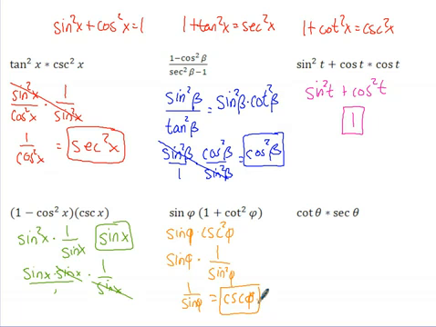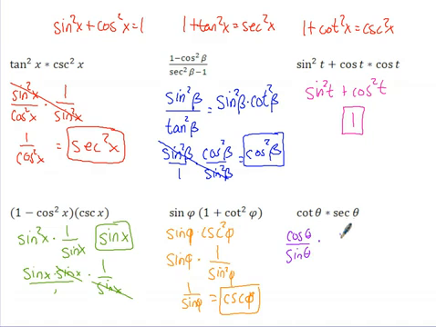Right, and the last problem here, I have cotangent theta times secant theta. And since neither of those are squared, we can't use the Pythagorean identities. So I guess what we could do is just break them down. We'll break down cotangent to its quotient identity. Cotangent is cosine of theta over sine of theta.